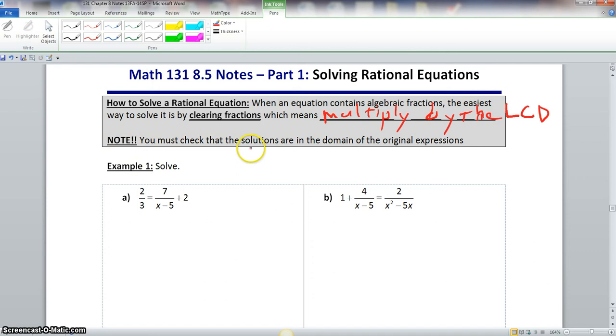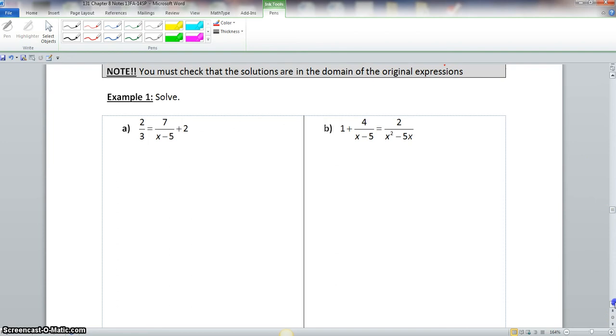So, note, you must check that the solutions are in the domain of the original expression. Okay, we will get to that. But first of all, let's take a look here. Our denominators are 3 and x minus 5, and we know this 2 is assumed to be over 1, so we don't have to concern ourselves with the 1.